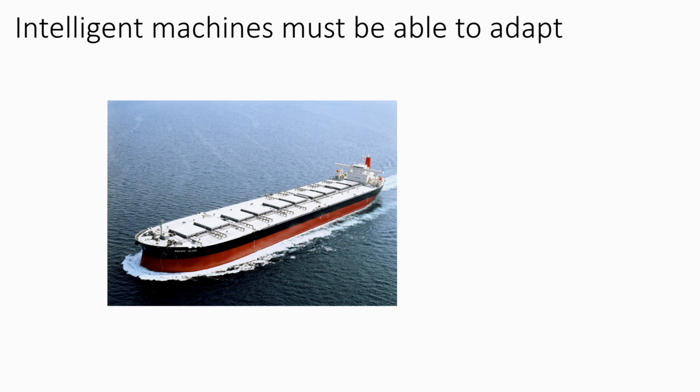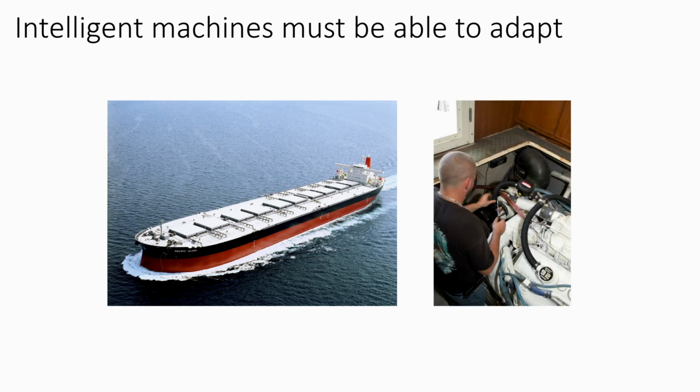But you typically do want some people on board that oil tanker. Why? Well, not because it's so hard to navigate, but because when something goes wrong in the engine room, something unexpected happens, you really need a person to go in there and fix it. So one of the things that makes human-like intelligence so challenging is that humans are not just smart, they're not just good at solving problems, but they're also highly adaptable.